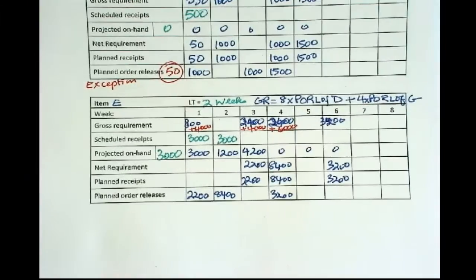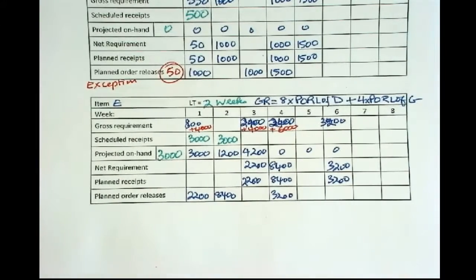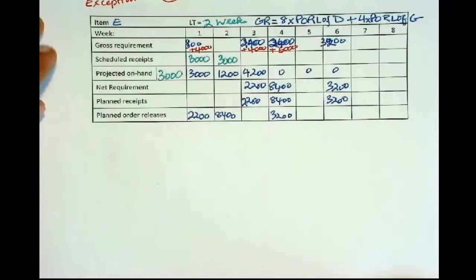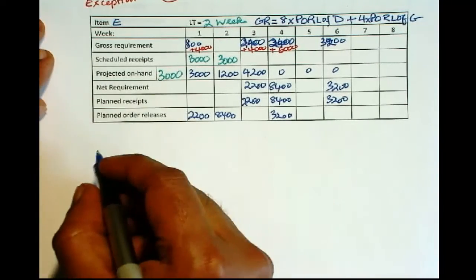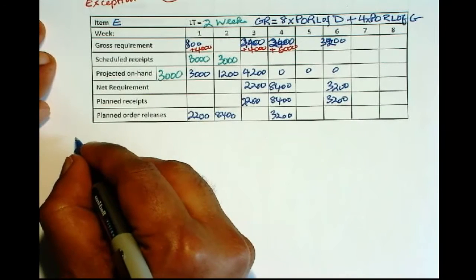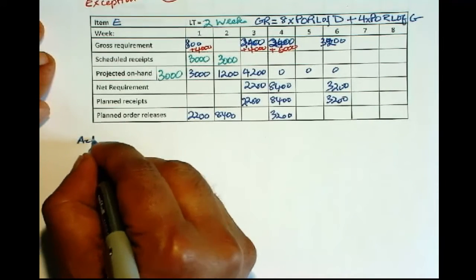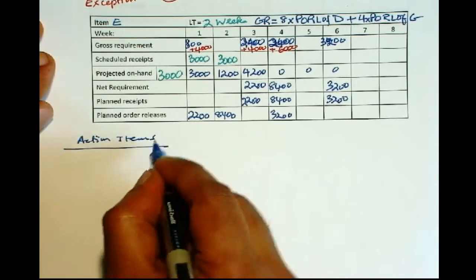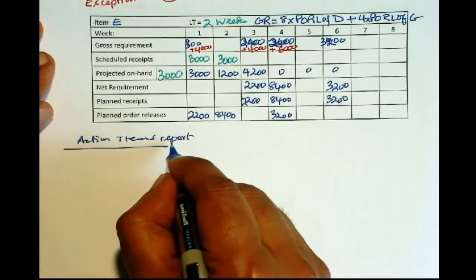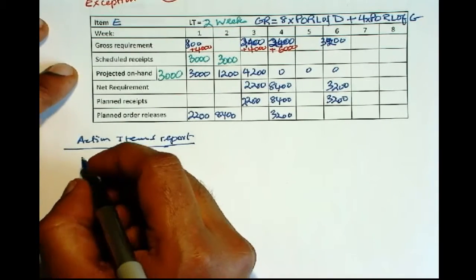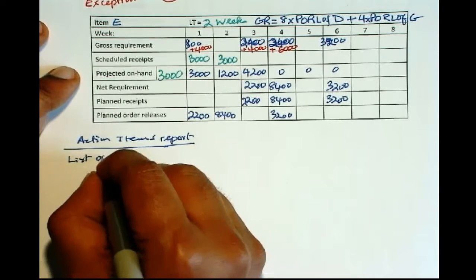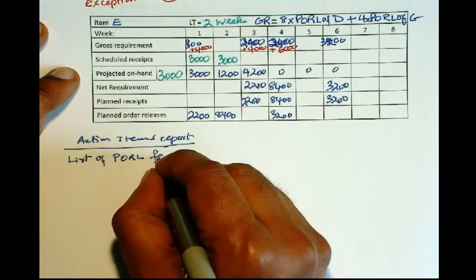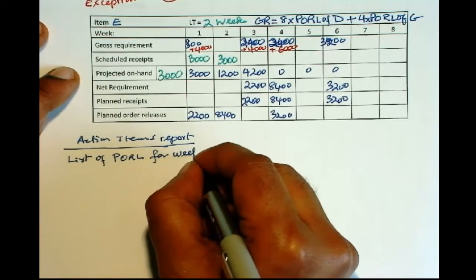Now this completes the last item. Now we have to put together a report from the MRP computations. I'm going to illustrate two reports. So the first one is the action items report. And this is a list of planned order release for week number 1.